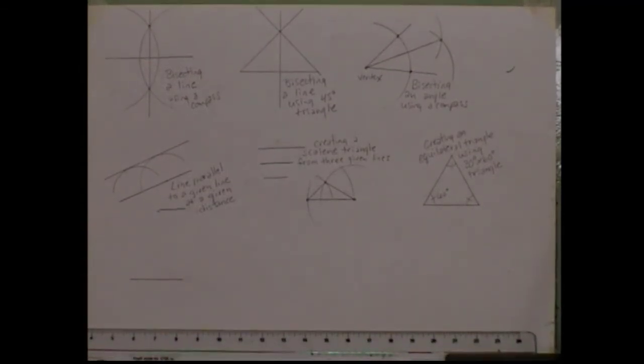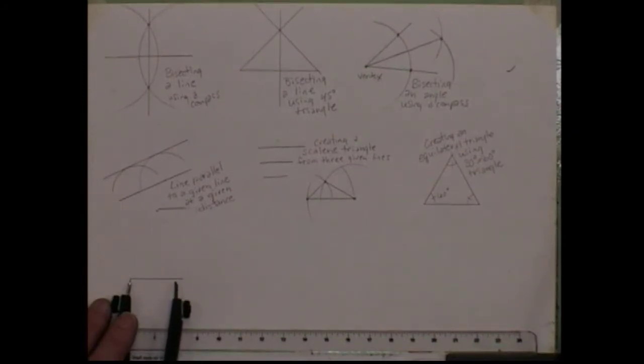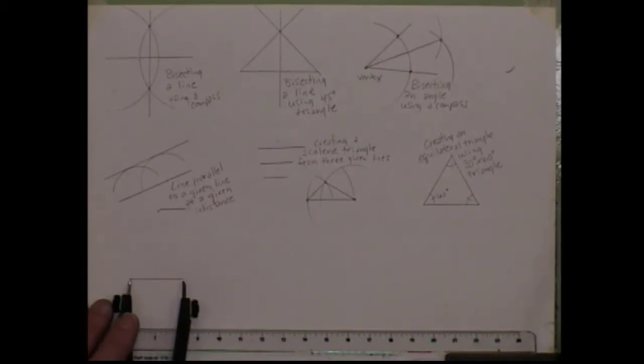If we make it with a compass, then all we're doing, instead of just putting our compass a little over halfway, we have to put our compass the entire distance. So we would set our compass equal to the given line. Okay?